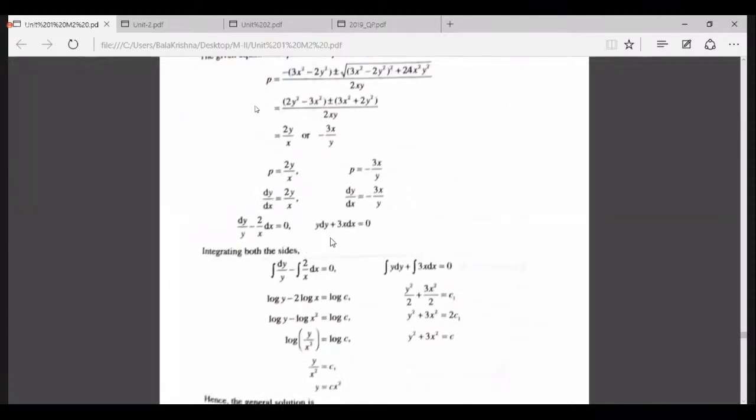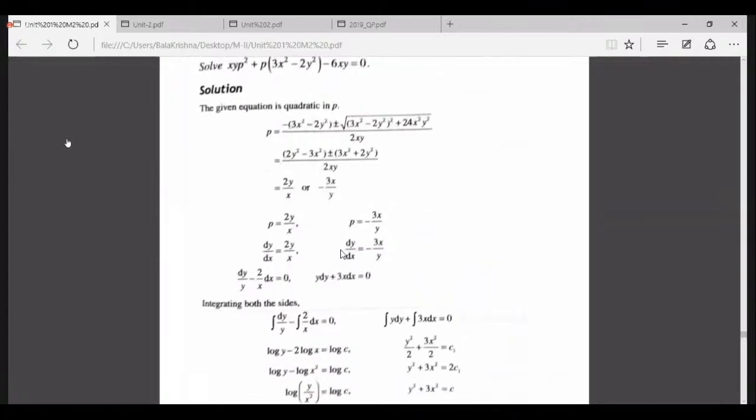So any equation if you are given, you need to just find the factors of that equation, set them equal to 0 and solve them by variable separable method. So here dy by dx is equal to 2y by x.